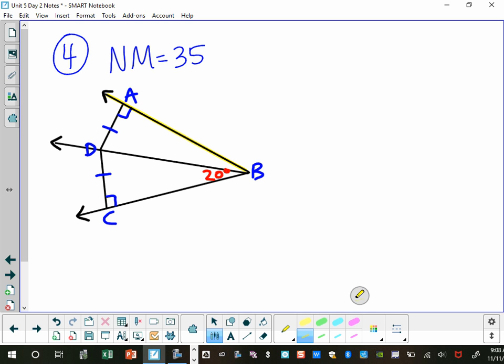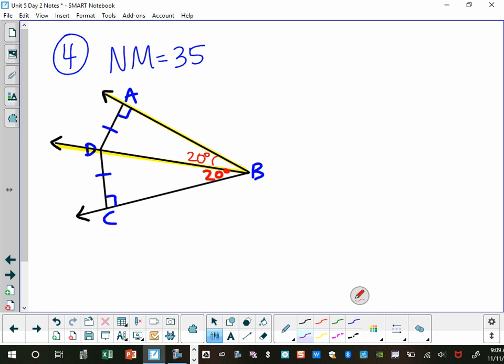I'm going from A to B and B to D. That's the angle they're asking me to find. These hash marks tell me that BD is my angle bisector. If angle B on the lower side is 20 degrees, what's the top side? 20 degrees. So now you can answer what's the measure of ABD.